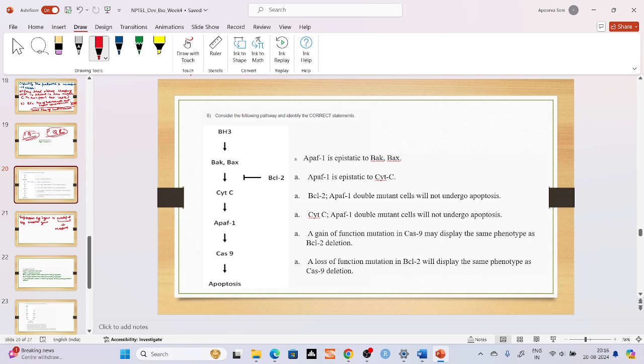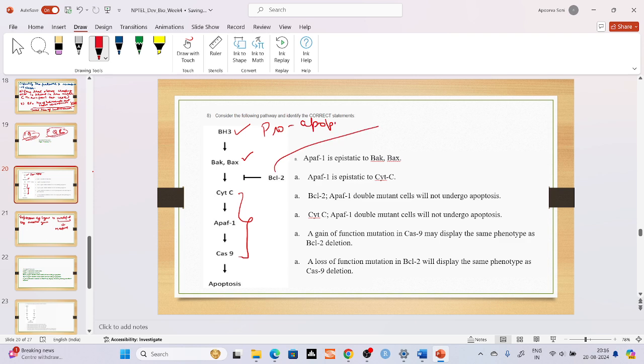But in brief, BH3 is a pro-apoptotic gene. Pro-apoptotic genes means that it promotes or supports apoptosis. Then BAK and BAX are also pro-apoptotic genes. These all are pro-apoptotic genes. And BCL2 is an anti-apoptotic gene.